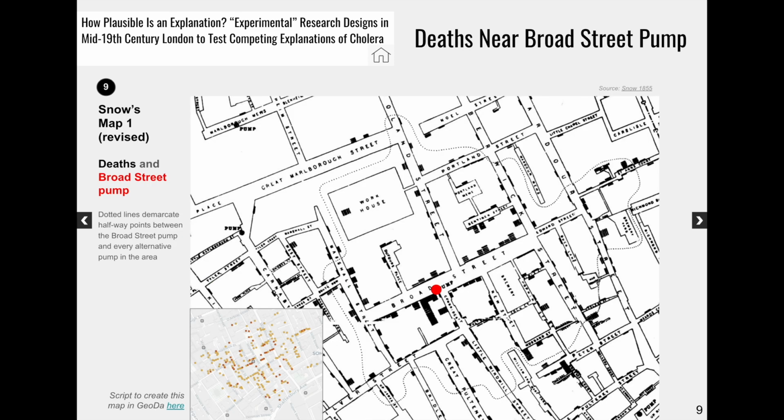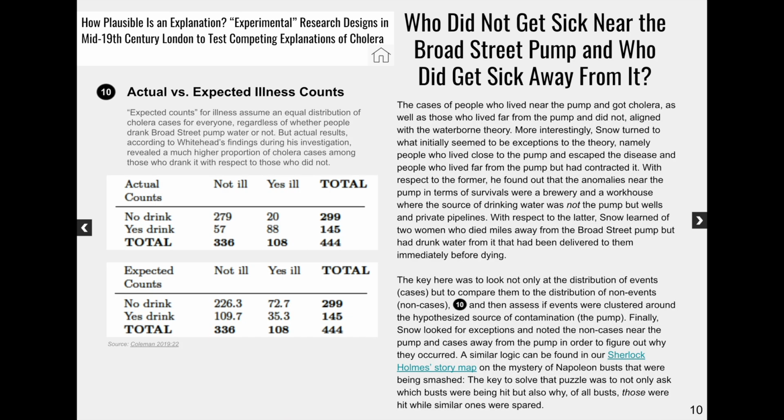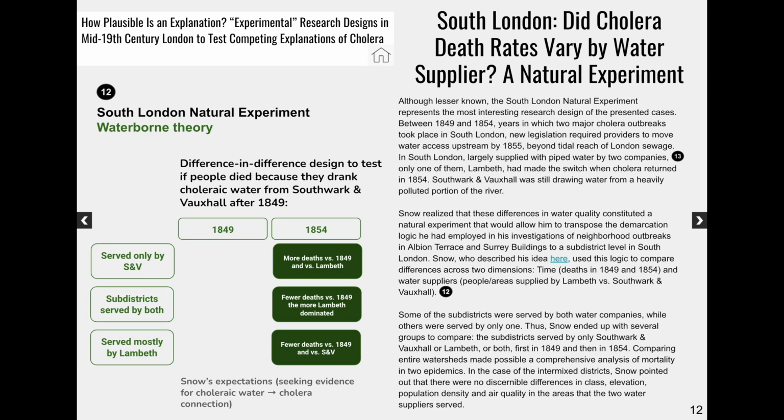In this case, non-deaths were just as important as actual deaths for testing the theory, and he found out that the 2 anomalies in terms of deaths were a brewery and a workhouse where the source of drinking water was not the pump, but wells and private pipelines. Snow also learned of 2 women who died after being delivered drinking water from the Broad Street pump, despite living miles away from it. All of this evidence aligned with his waterborne theory.